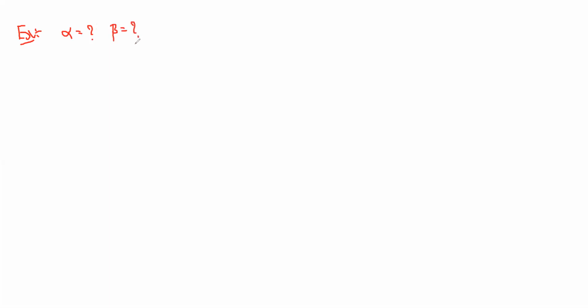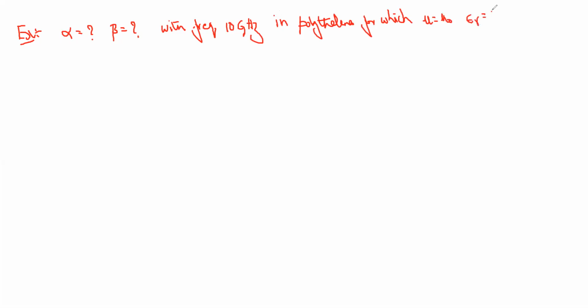Calculate the attenuation constant and the phase constant of a uniform plane wave with frequency 10 gigahertz in polyethylene, for which mu is equal to mu naught and epsilon r is equal to 2.3.